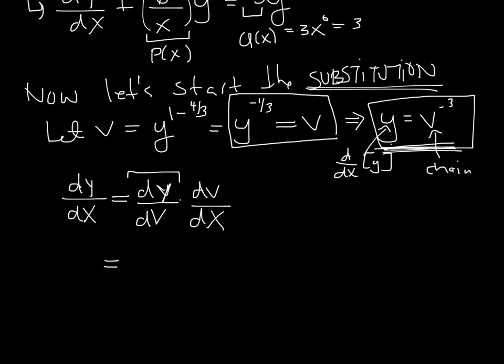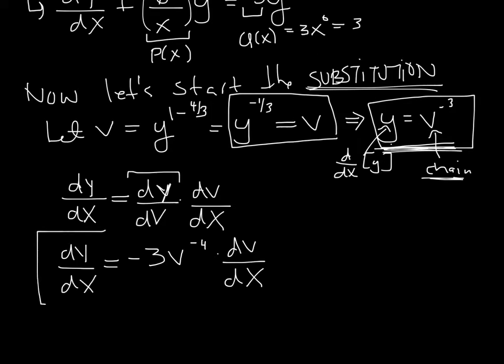Well, when you take the derivative of this, that is going to be, according just to calculus, negative 3v to the negative 4 times, and then of course the chain rule, so that's dv dx. So that's what our dy dx is.